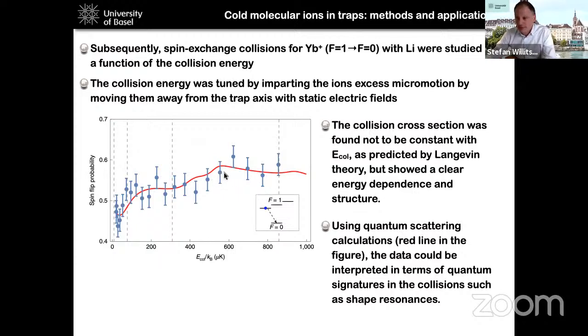In this case, so-called resonances, right, which modulate the spin flip cross section at certain collision energies, right? So this is a very nice experiment, a heroic feat, if one can say, where they really managed to drive ion-atom collisions to very low energies and start seeing quantum features in ion-atom collisions.